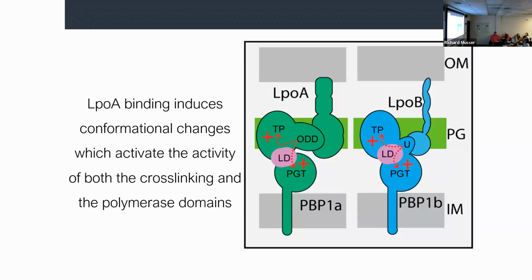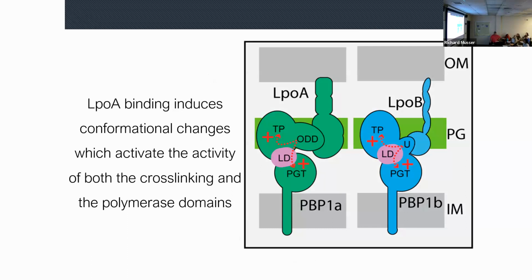So from this, we concluded that lipo-A binding likely induces conformational changes in the PBP1A protein, which are transduced across that linker to activate both the cross-linking and the polymerizing activities.